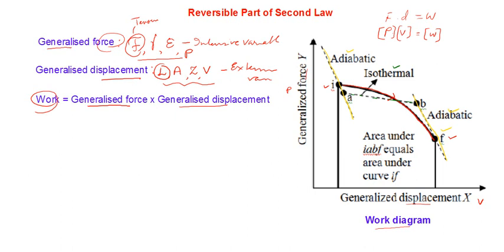So the isotherm can connect these two particular adiabats. That is what we have seen there. So this isothermal curve is just AB. Now the question is, where do we draw this AB?